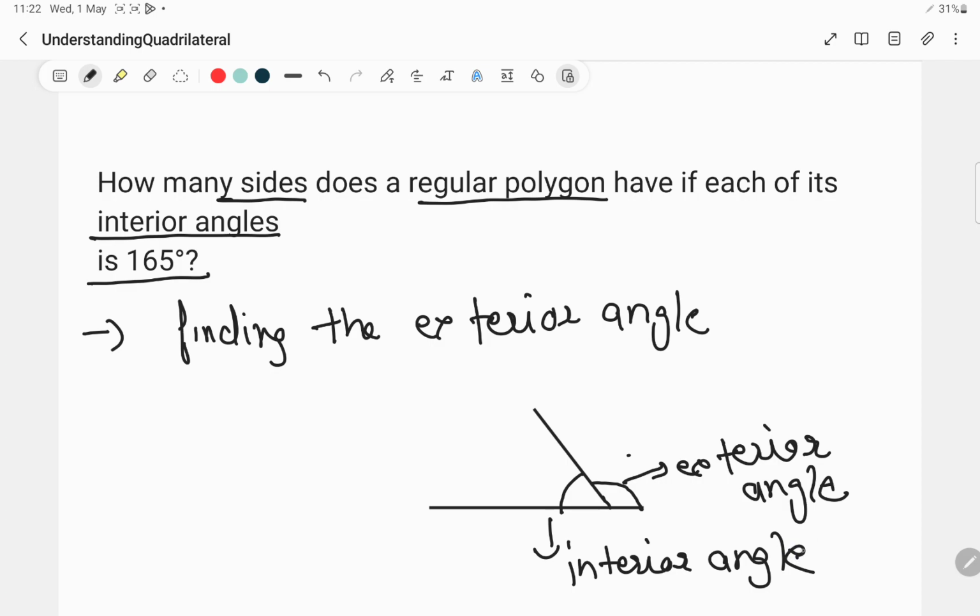In the exterior angle, suppose this is x, and the interior is given to us as 165 degrees.